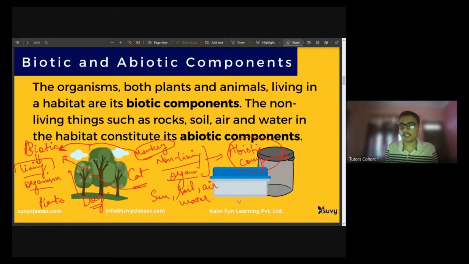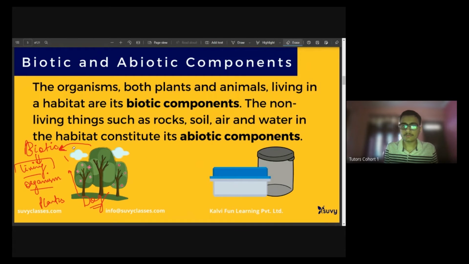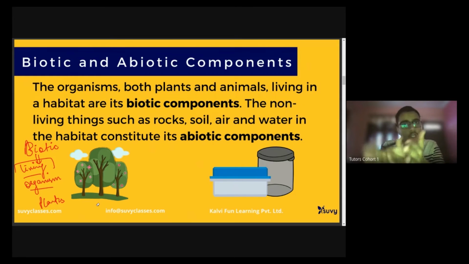I'll explain the topic once more. I guess it's not clear to you. There are two categories of organisms, living and non-living.